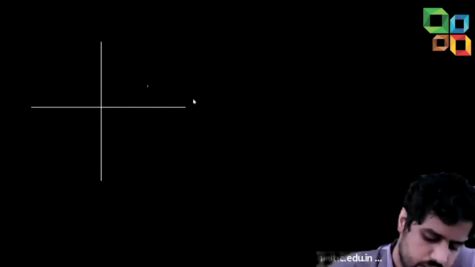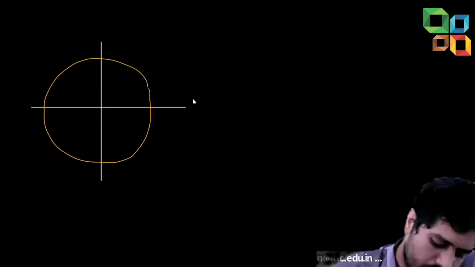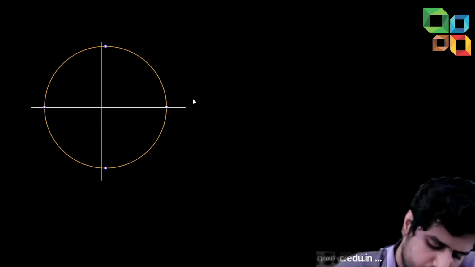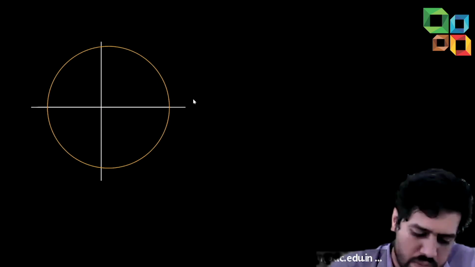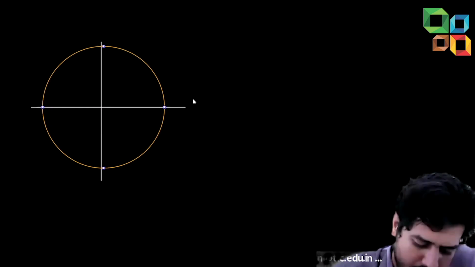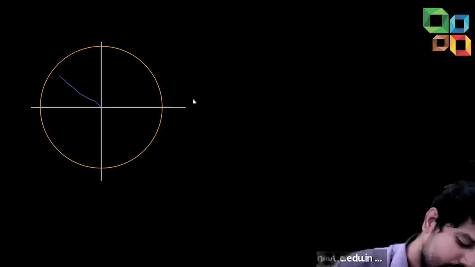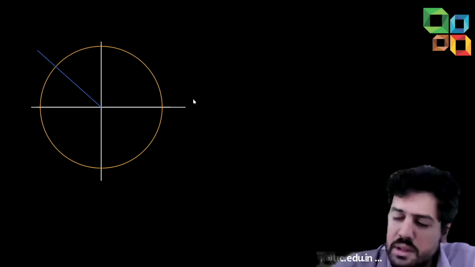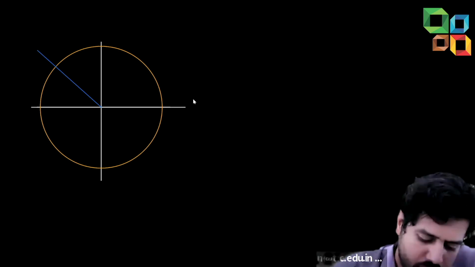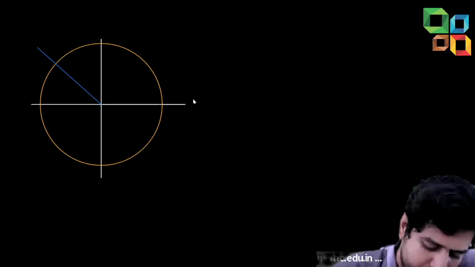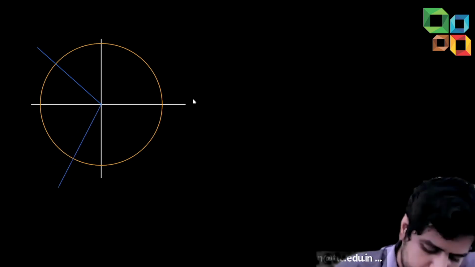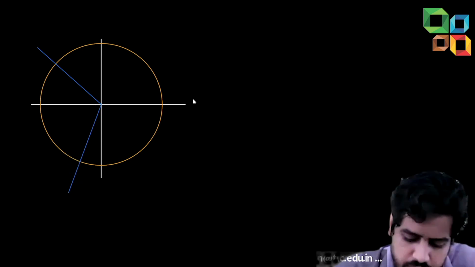Now we take our unit circle again. We're going to take some special angles. Okay, we're not just going to take any angle. We are going to take some special angles. Okay, suppose in general, this whole angle is alpha. Okay, and this angle here is some beta.